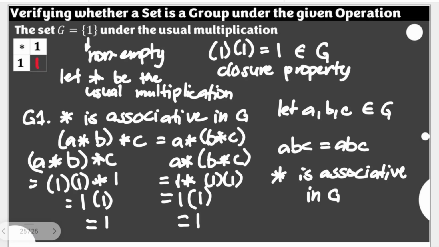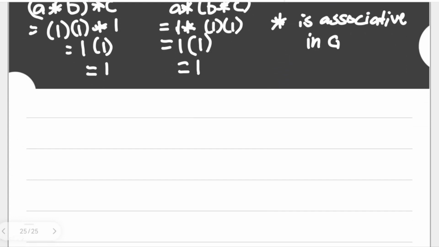Let's proceed to the next condition, G2. So G2 is the condition for the existence of an identity element. And we already know that the identity element for usual multiplication is 1, and 1 is already an element of this set G. Then we can say that this is satisfied.